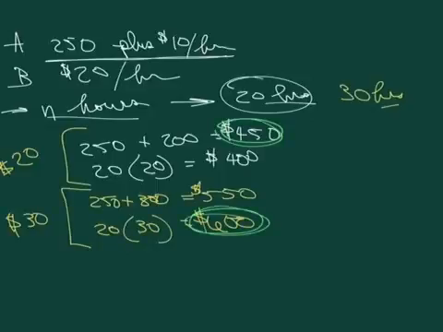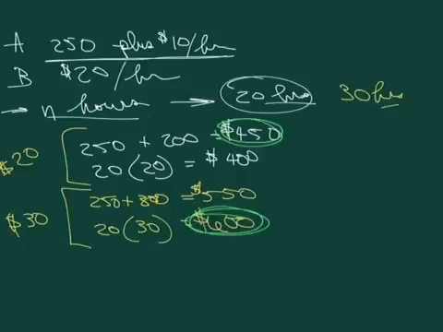Okay, so how is she going to determine whether she's going to use this plan or this plan? Well, it all depends on how much time it takes. Well, there's got to be a certain number that is the line that makes it so that, let's say if it takes me 22 hours, I know to pick this plan, or if it's going to take me 20 hours, I know to pick this plan.